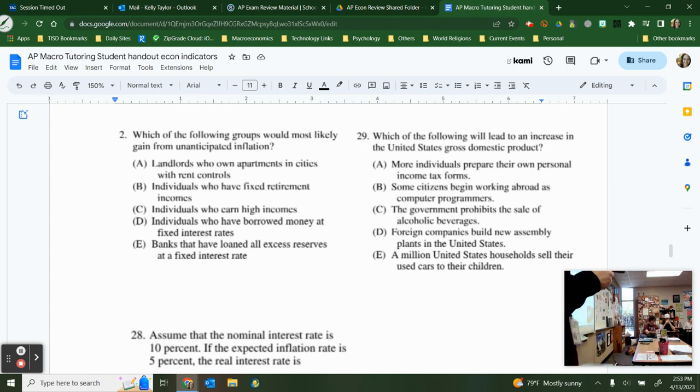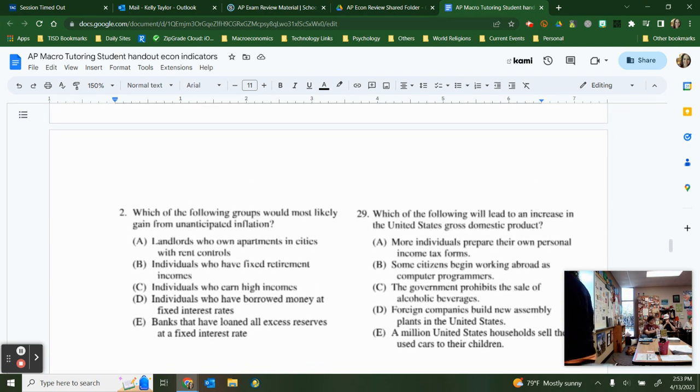All right, so if we're talking about unanticipated inflation, we have surprise inflation.